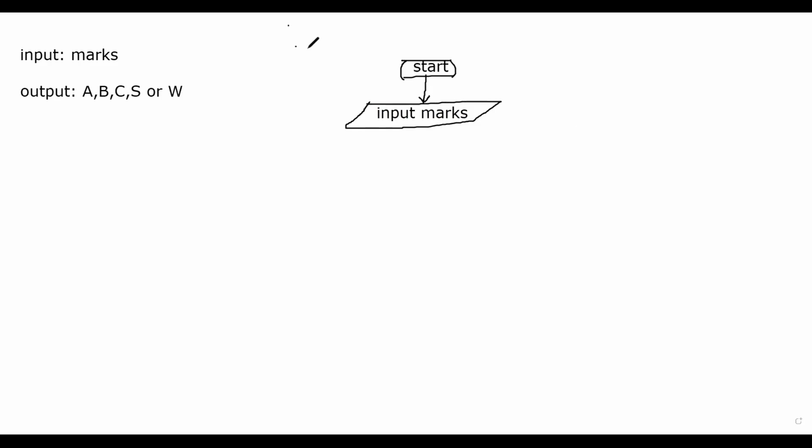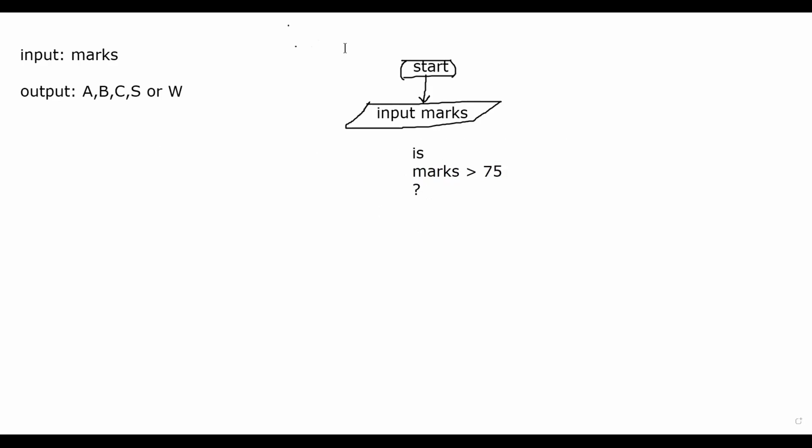The next one is you have to check. What do you have to check? You have to check marks greater than or equal to 75. Yes, marks, is it greater than or equal to 75? So this is what you need to check.